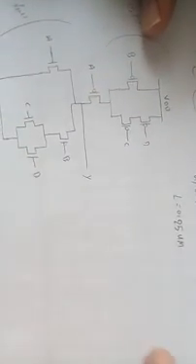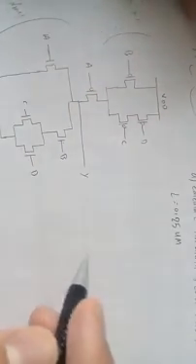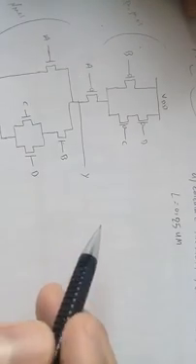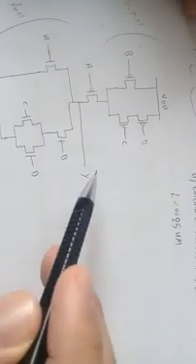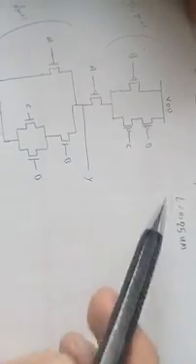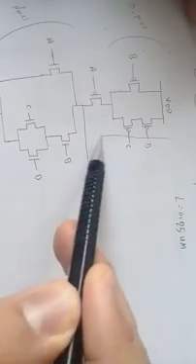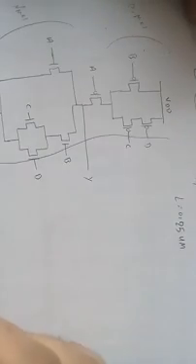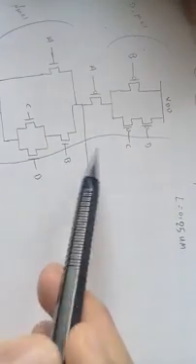So to do sizing, it's easy. Just take the path that has the maximum number of transistors. As you see, this path has the maximum number of transistors.